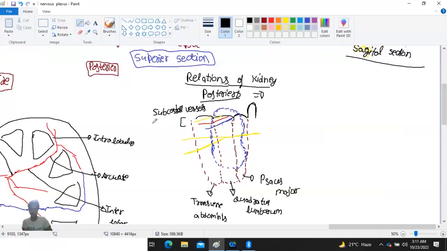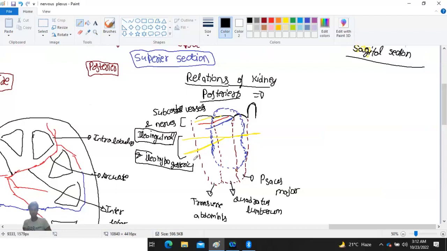These are ilioinguinal and iliohypogastric. These are different nerves.